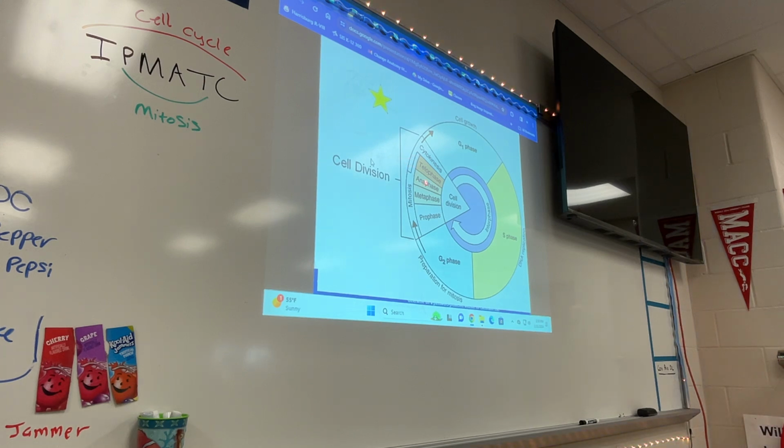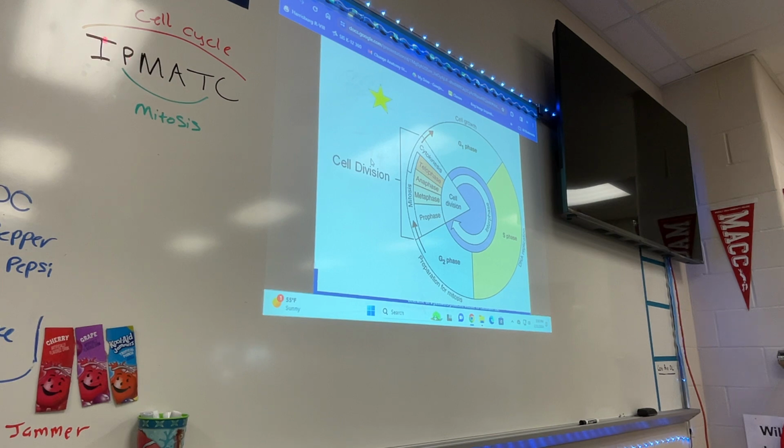And they also take place at about the same time that telophase is taking place. So you have all these things going on at about the same time right here. Mitosis does consist of prophase, metaphase, anaphase, telophase. Mitosis is not cytokinesis. Cytokinesis is different, but it happens at the same time as telophase.